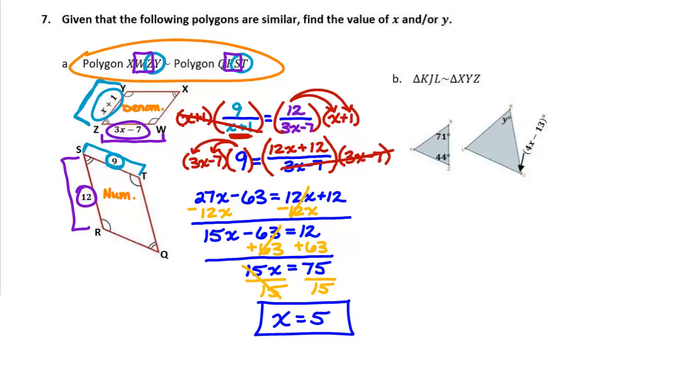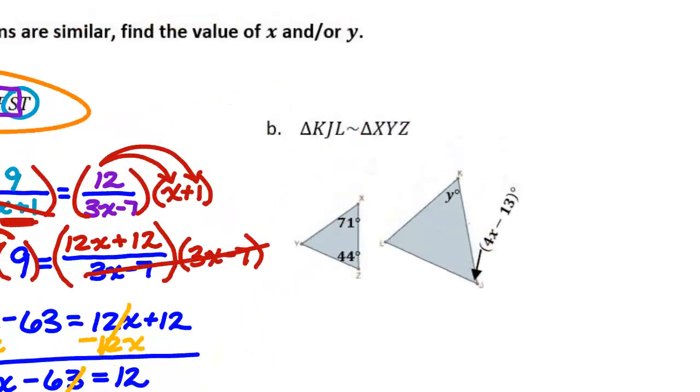All right, part B. Part B, I have triangle KJL is similar to triangle XYZ. When we're talking about similarity, my sides are proportional, but over here on part B, do I have information about the sides? What's marked on these two triangles if it's not the sides?